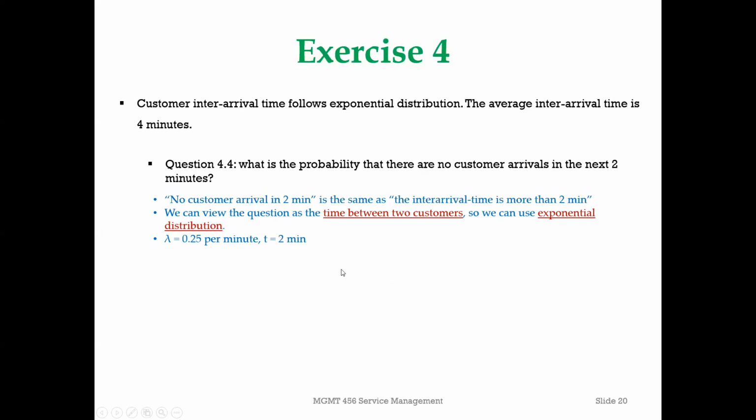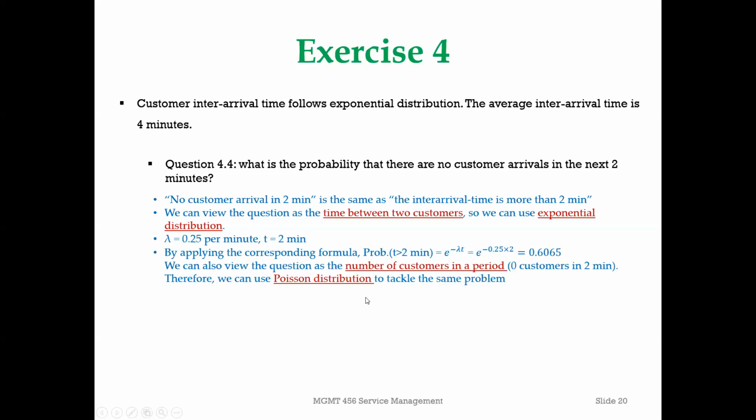Remember, there are two formulas for the exponential distribution. When it's greater than something, we use this formula. We plug in the values for lambda and t, and we get 0.6065. So there's about a 60% chance you may not see any customer in the next 2 minutes.